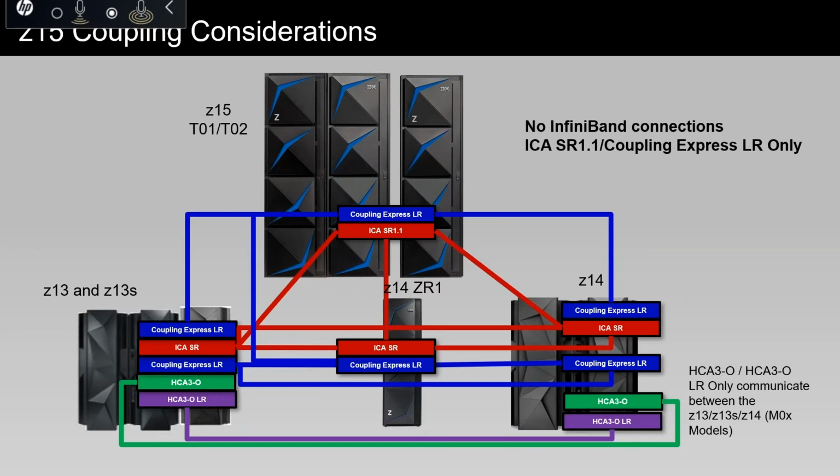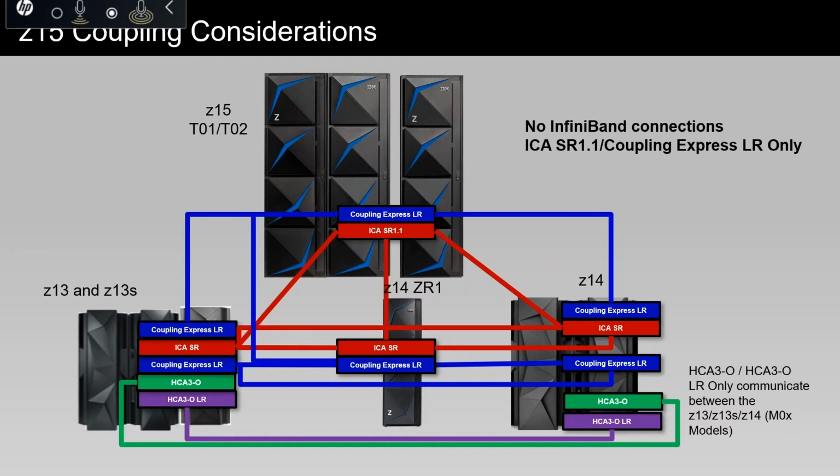InfiniBand, the coupling considerations. On the older versions of the Z, they had the InfiniBand, the HCA3 short range, and the HCA3 long range. In the Z15, we now have the Coupling Express Long Range, or the ICA short range.